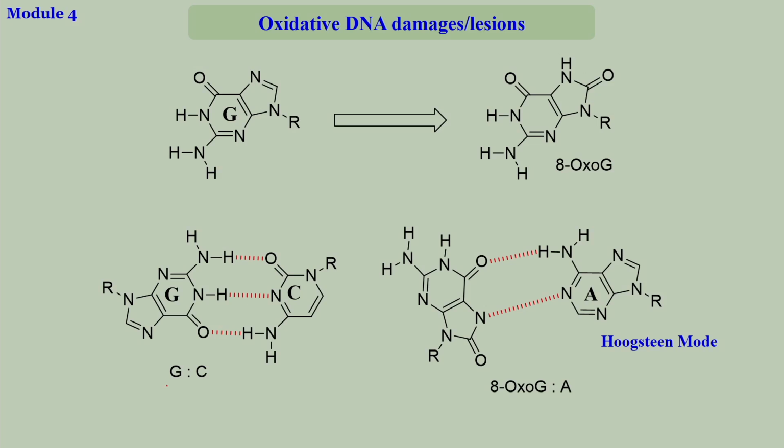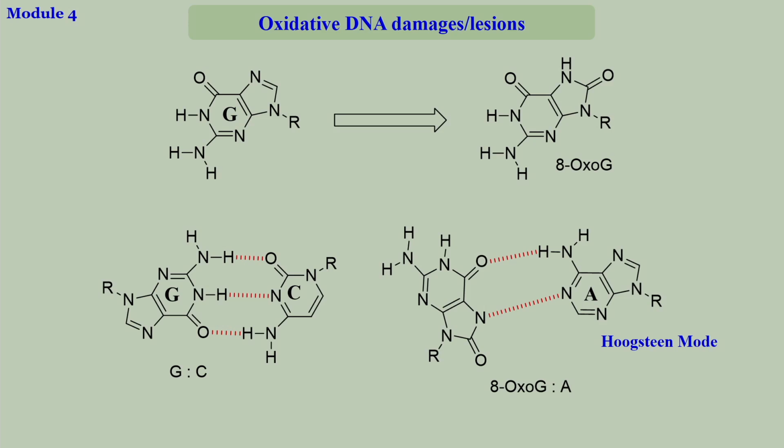Now, when you have the G that pairs up with cytosine, we know there are 3 hydrogen bonds and all hydrogen bonds are of the Watson-Crick nature. Now, when 8-oxoguanosine is forming, this is the structure of the 8-oxoguanine, what you are forming is one oxo group here, additional double bonded, and now it changes the orientation of the nucleobase.